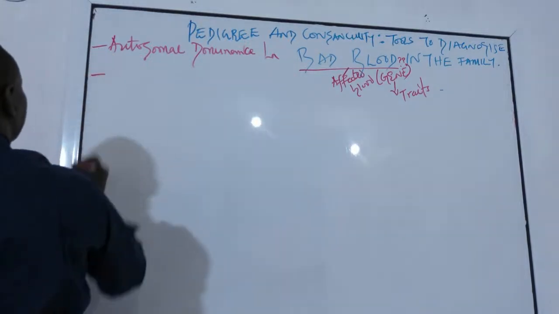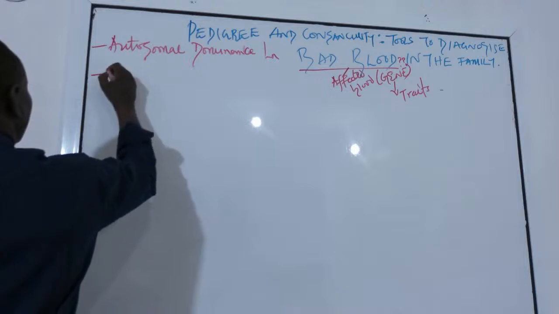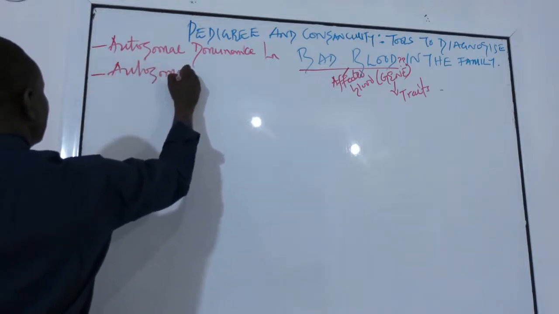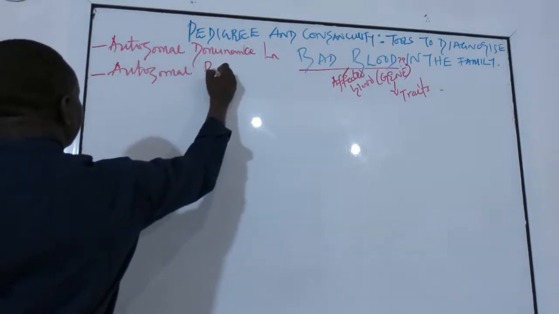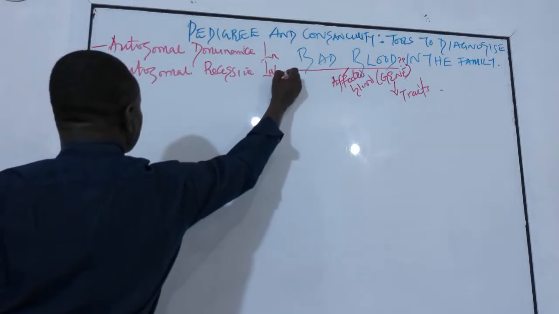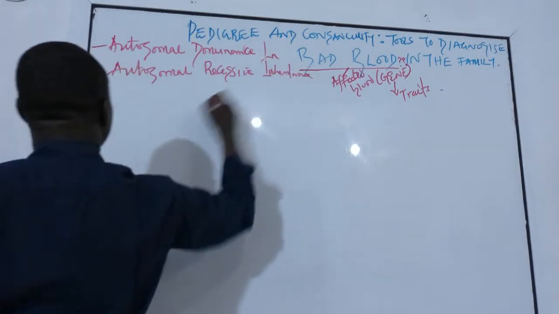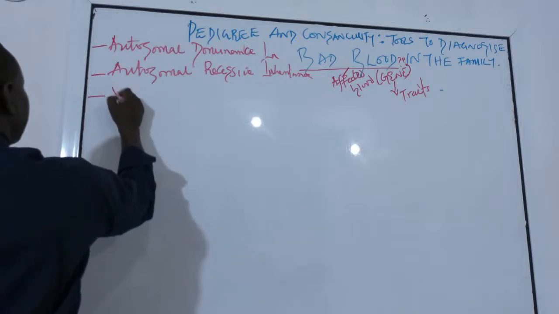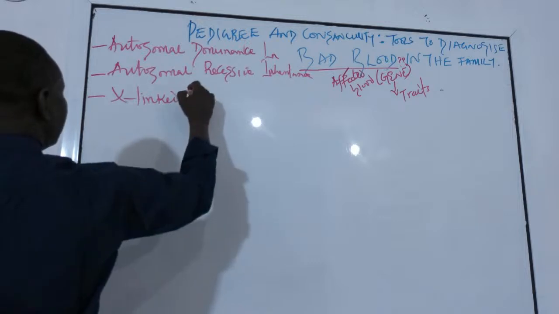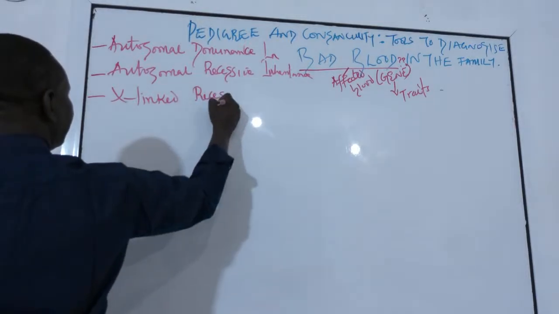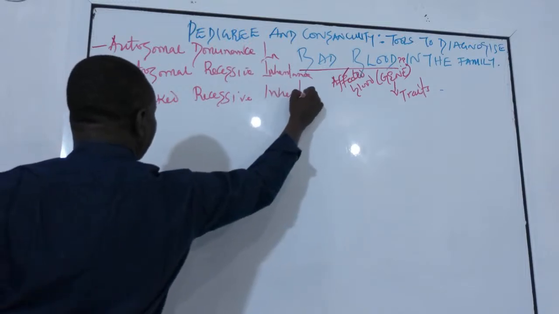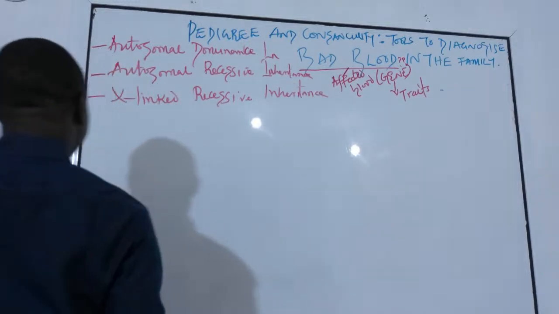Then the second one, we look at autosomal recessive inheritance. Then the third one, we look at X-linked recessive inheritance. And we also look at if there is a bad blood.